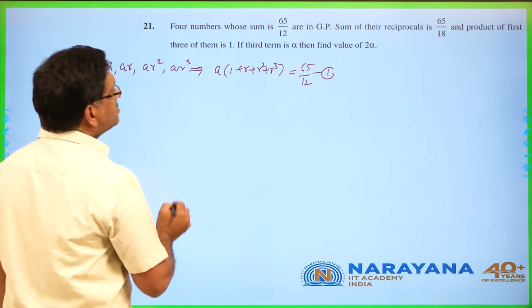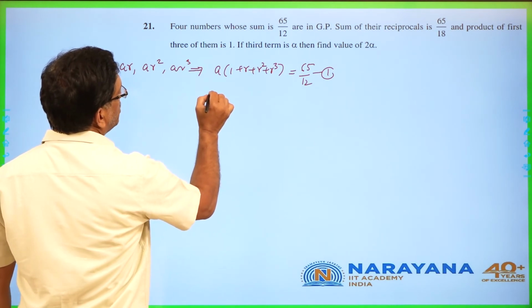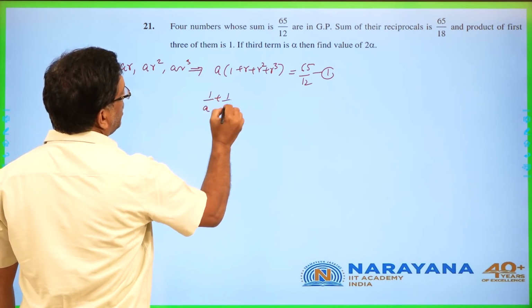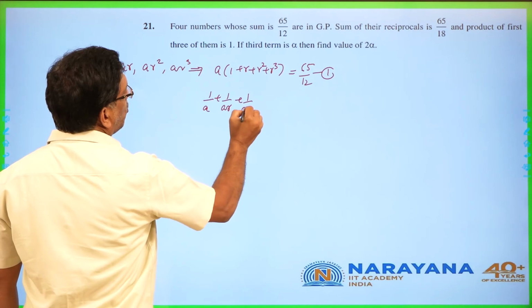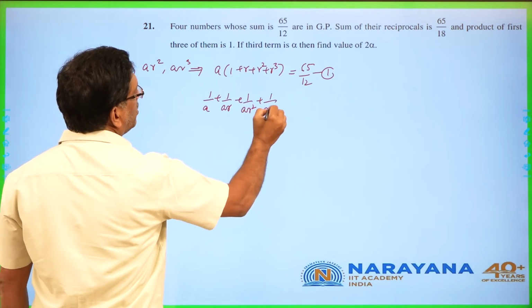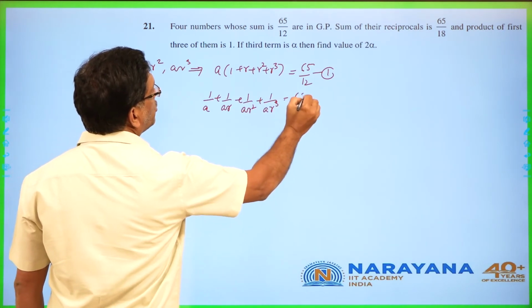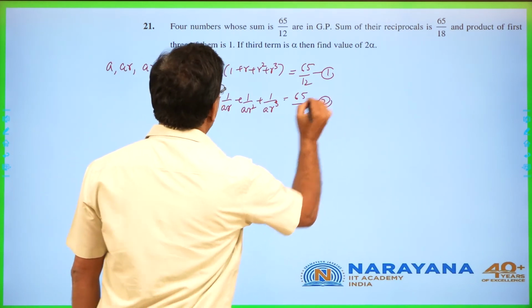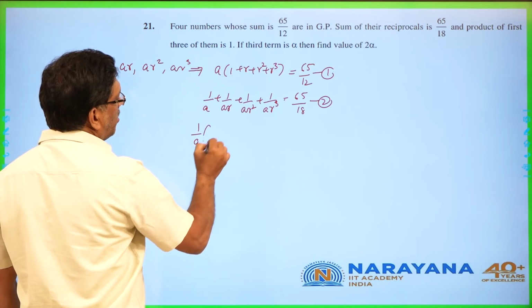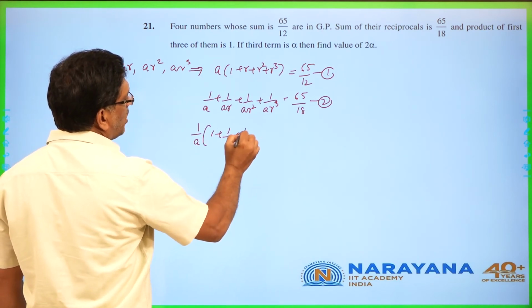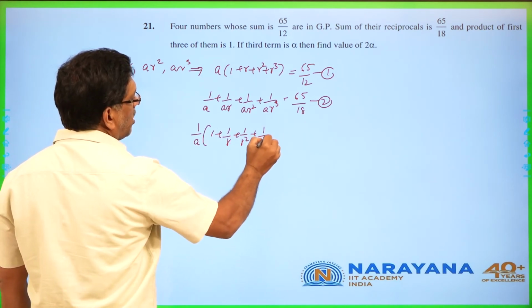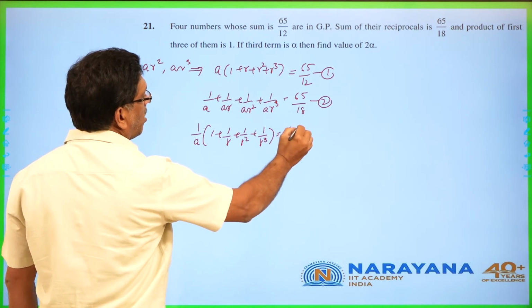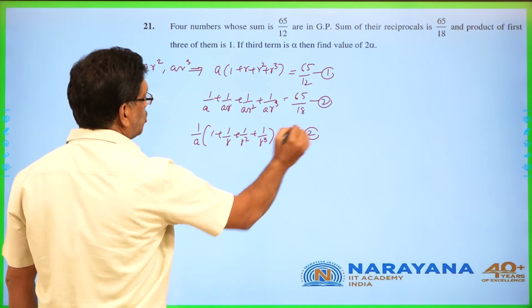The sum of their reciprocals, 1 by a, 1 by ar, 1 by ar square, 1 by ar cube, is 65 by 18. Right? If you take 1 by a common, it is 1 plus 1 by r plus 1 by r square plus 1 by r cube.